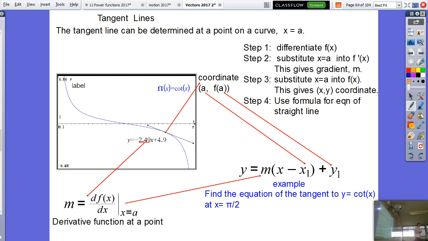Then we're going to learn about identifying the equation of a tangent line to a curve, and then what's called a normal line. And then we can apply it in further situations after that.